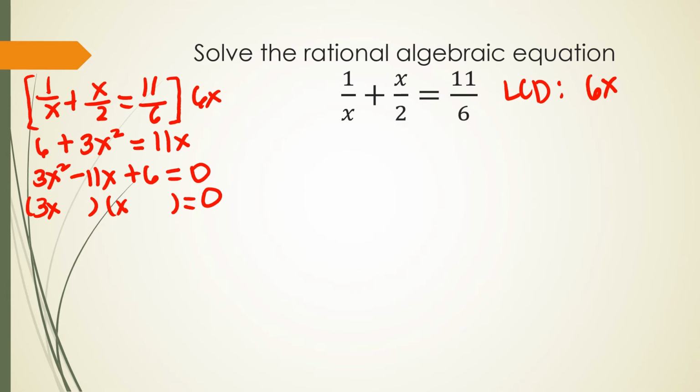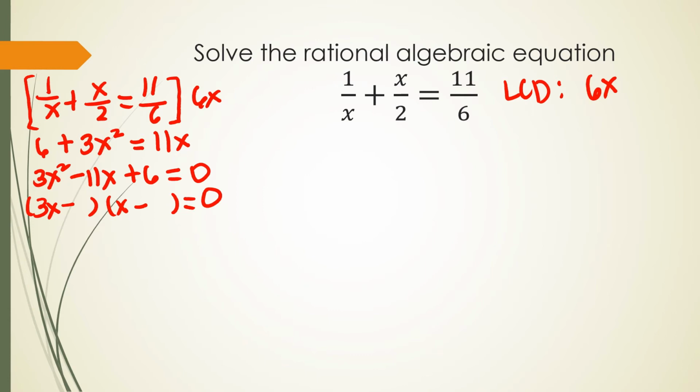Since the one beside 6 is positive, then the signs of our binomials are both positive or both negative. To know which of the two to use, we have to look at the sign beside our linear term. The sign beside 11x is negative. So the signs of our binomials are both negative.